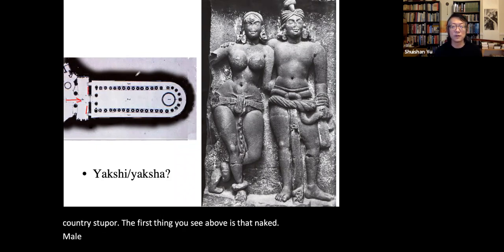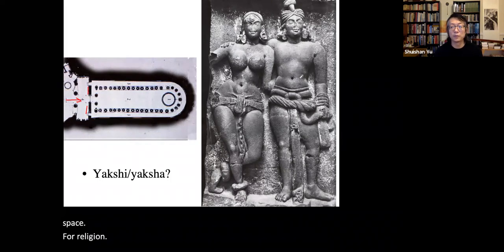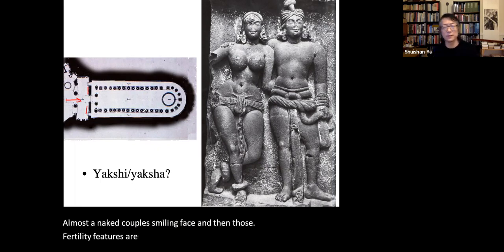And here, what you are looking at before you enter this sacred space for religion are these almost naked couples, a smiling face, and those fertility features are emphasized. So it's quite normal.